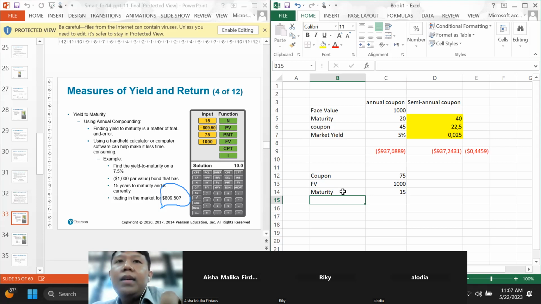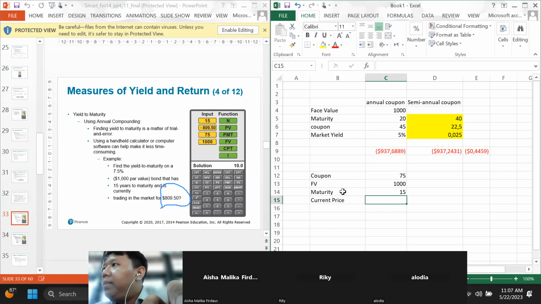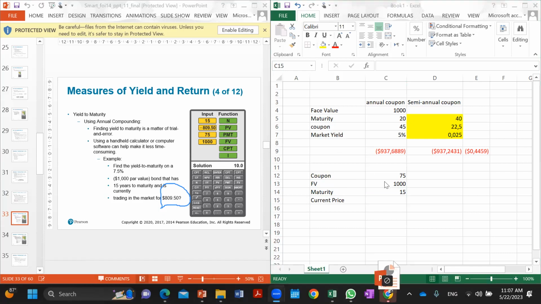What else? And the current price. So the current price is 809.5 US dollars.